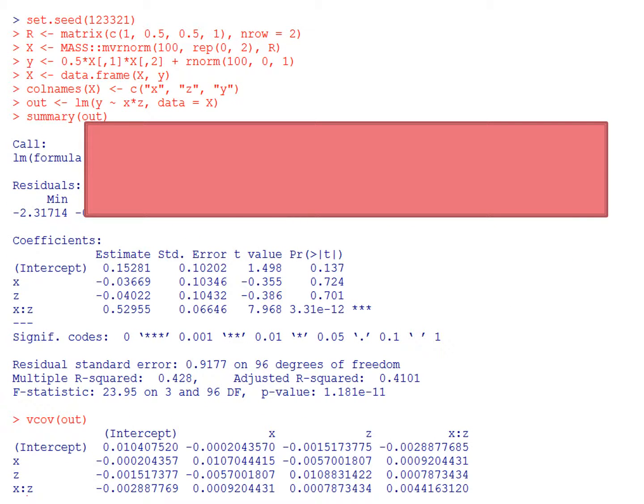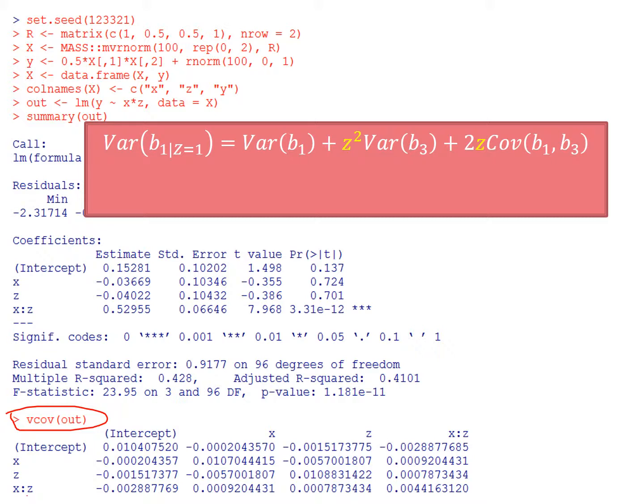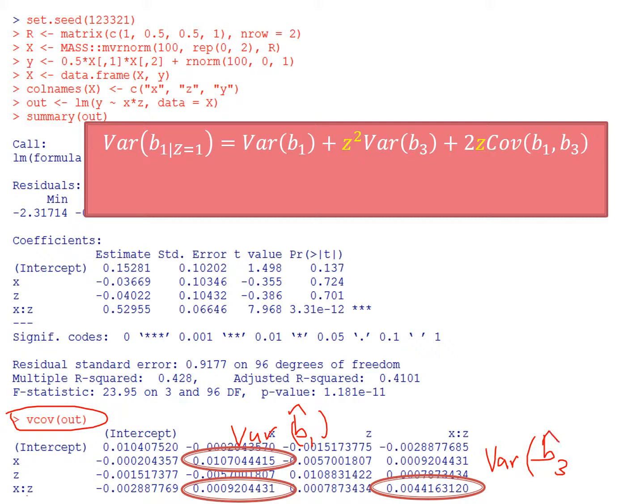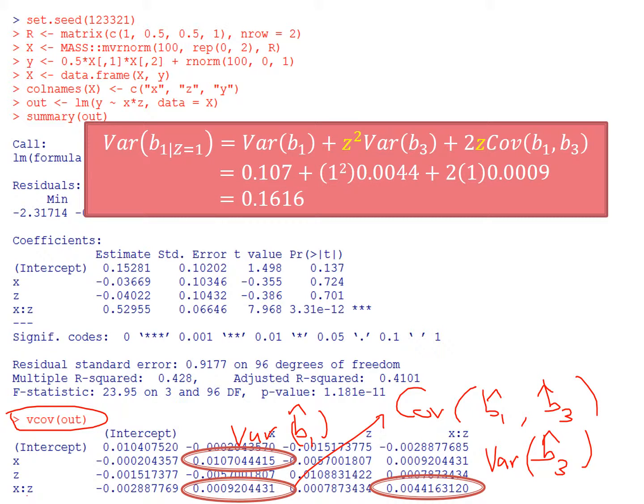And this is the vcov function. And we got this, the covariance matrix of the parameter estimates. So from this, we can see this is the variance of B1 hat, this is the variance of B3 hat, and this is the covariance of B1 hat and B3 hat, right?